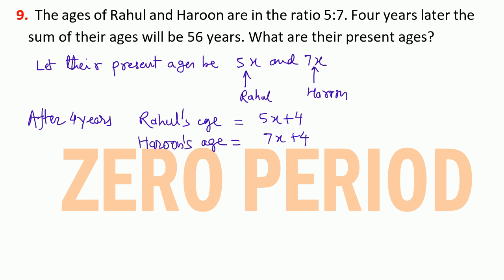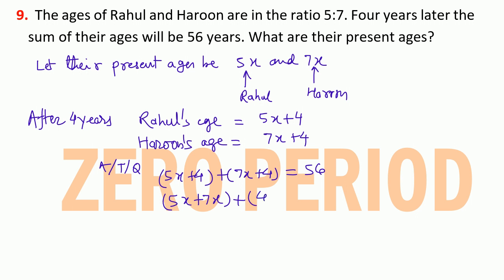The sum of these ages will be 56 according to the question. 5x plus 4 plus 7x plus 4 is equal to 56. Then 5x and 7x are variables. You can take them together and then 4 plus 4. 5x plus 7x is 12x, and 4 plus 4 is 8 and it is 56.